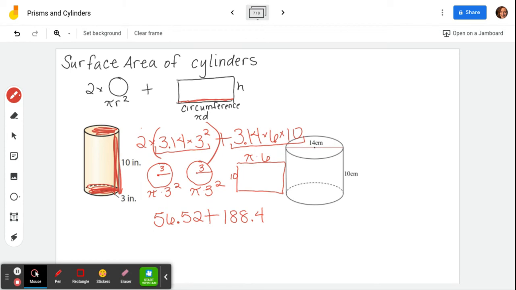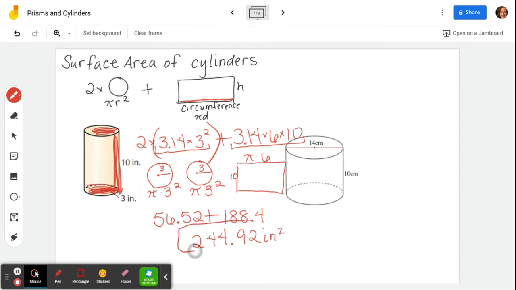I'm going to add those together, and I get a total of 244.92. This is area. Area is always 2 dimensions. We're not filling it, we're covering it. So that would be inches squared.